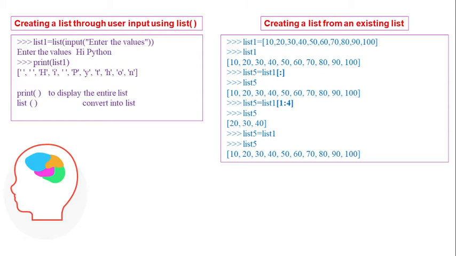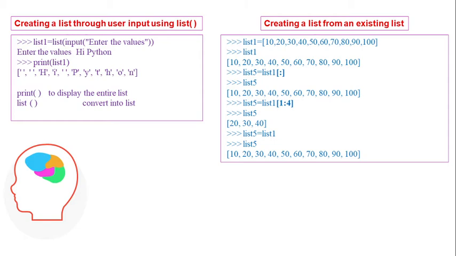Then creating a list from an existing list. From an existing list itself we can create a list. So far we have created a list from a string, an empty string, and using user input, right? Then list1 equal to 10, 20, 30, 40 up to 100. Then list1 prints all the elements, and what we are doing is creating a list from an existing list.